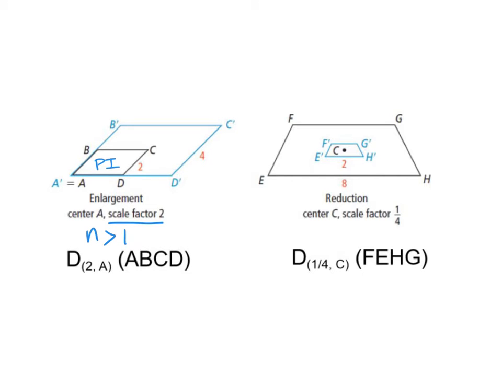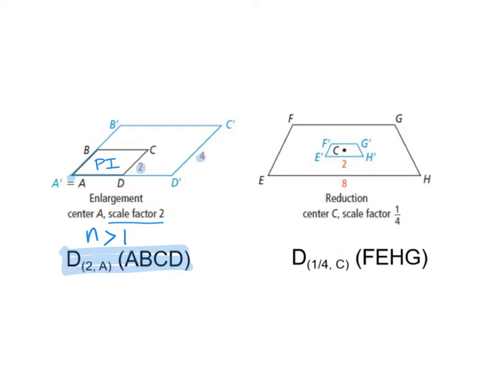Okay, and this is what my notation would look like, right? My scale factor is 2 because each length is doubling in size. You can see the 2 here to the 4 here. I'm multiplying by 2. And then A is my center of dilation because it's just staying at that point.